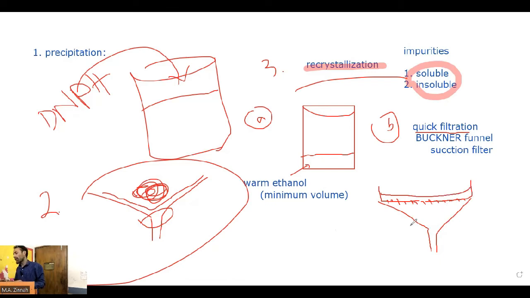Second thing, this should be connected with a side arm conical flask. And this is tight, airtight, sealed airtight with rubber, okay? And then this is to be connected with a water supply, a water pump.